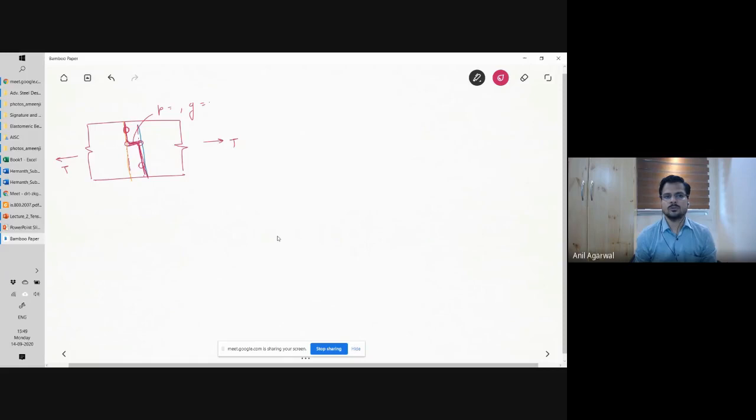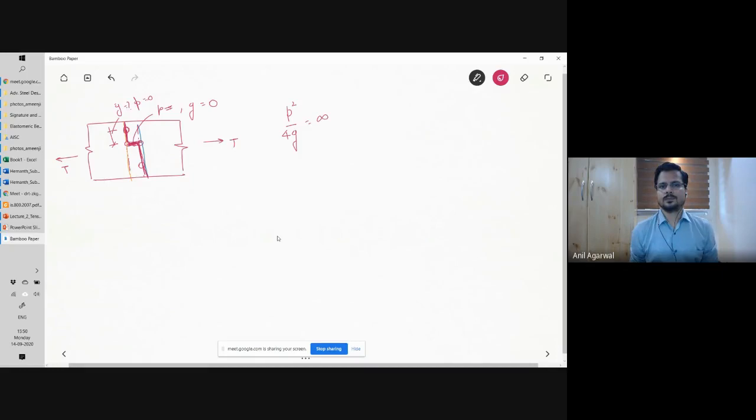So between this hole and this hole, G is whatever it is, and P is 0. Correct? Because P is in the direction of the load. But between this hole and this hole, my P is this distance, but G is 0. So my P square by 4G for this segment will be how much?